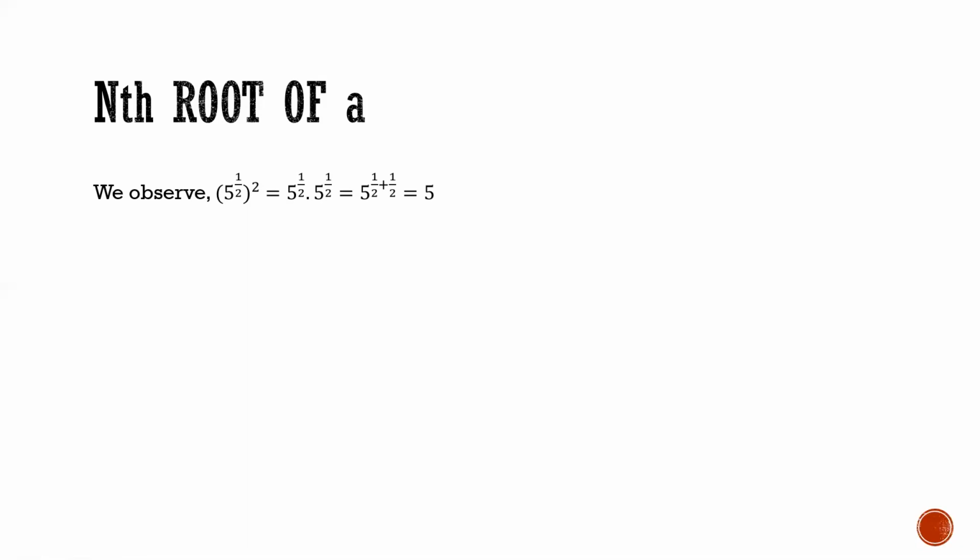We observe here 5 to the power half whole square is equal to, and we know square of a means a into a, so 5 to the power half squared is 5 to the power half into 5 to the power half. We have learned from the law of multiplication of indices, a to the power m into a to the power n is equal to a to the power m plus n.